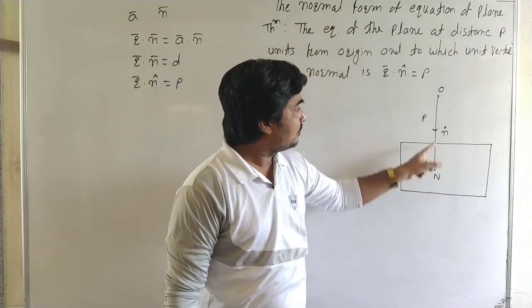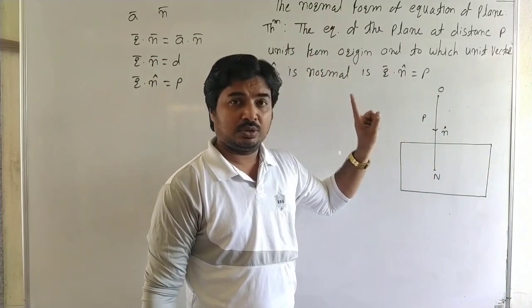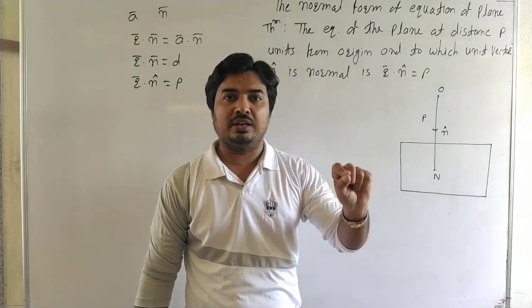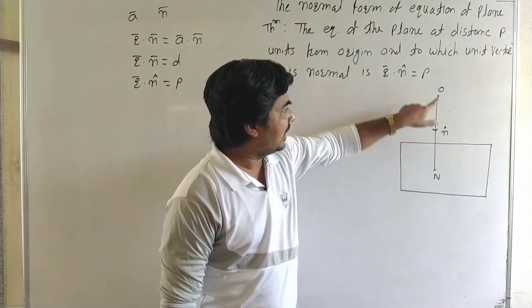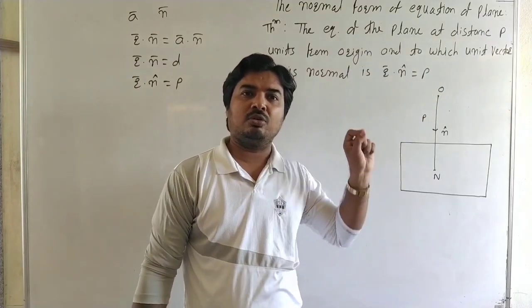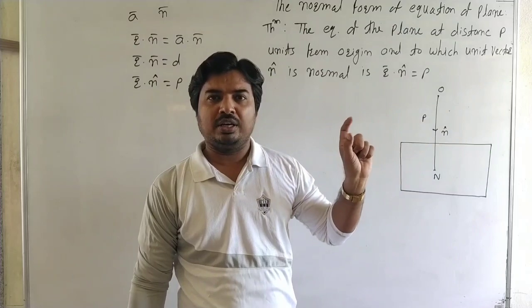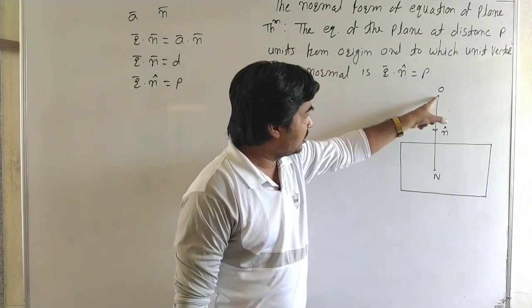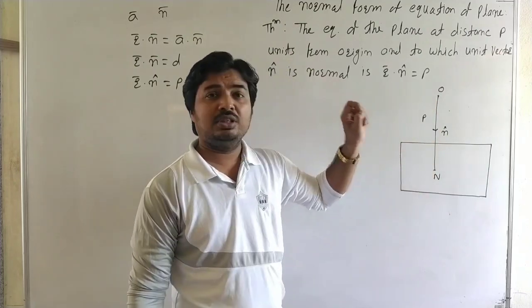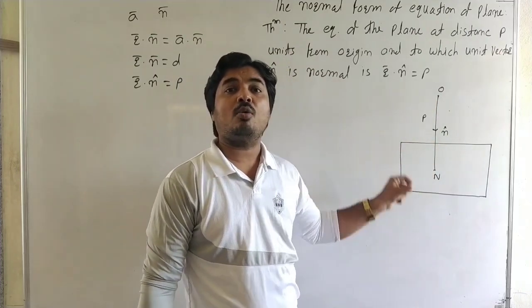That means vector ON is the position vector of point N, because it is drawn from the origin to N. We know that the position vector of a point is the vector drawn from the origin to the point. Therefore vector ON is the position vector of point N.